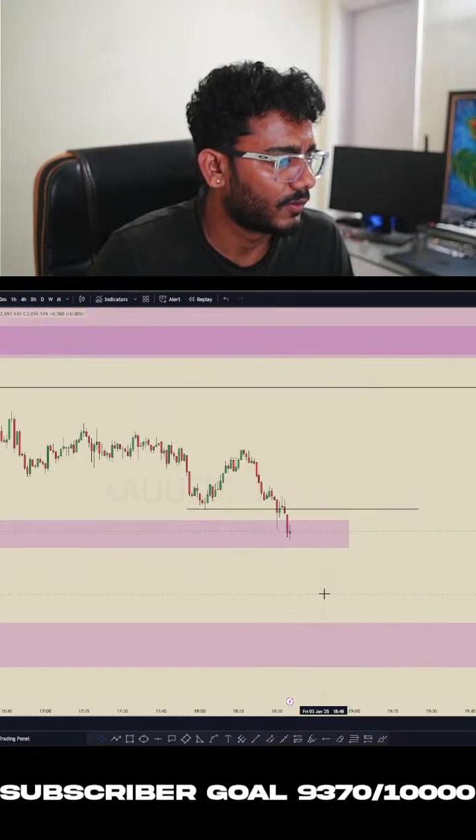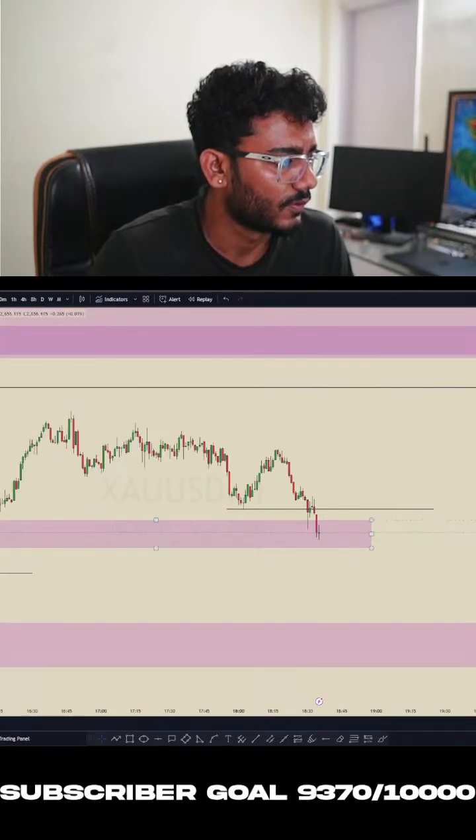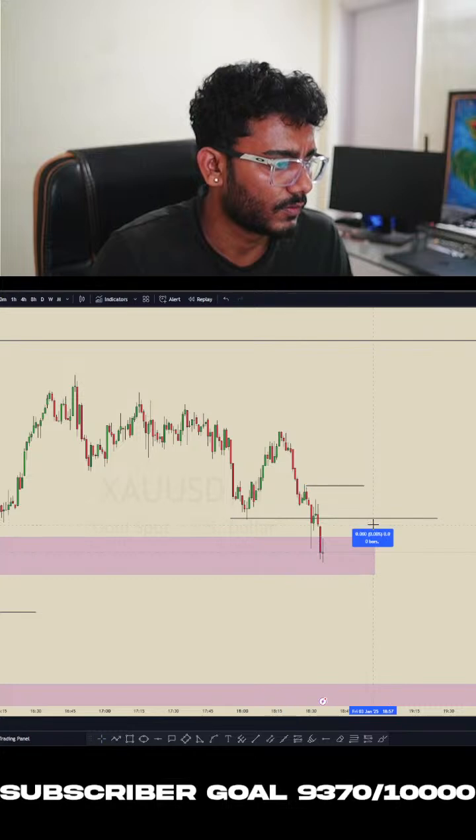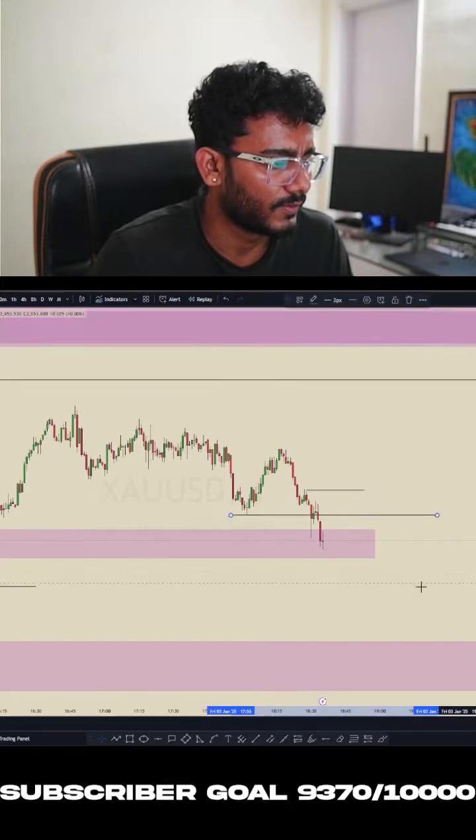Okay, price has tapped this order block, this order block. So we have to look for this break, this or this break. So this break, and then we can look for buy side entries.